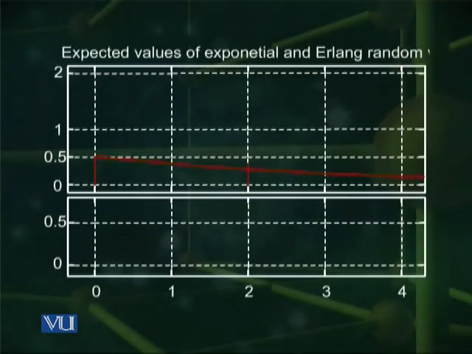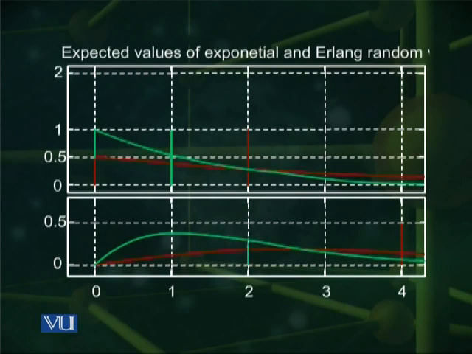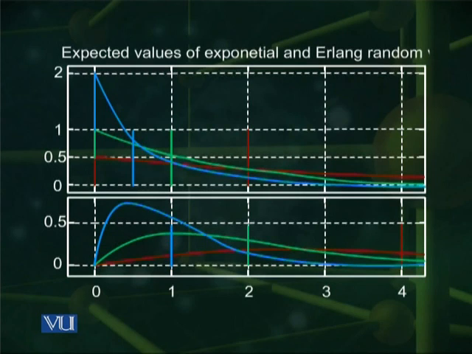This is shown in the slide that you can see, where 3 exponentially distributed random variables are shown on the top portion of the slide. These random variables are shown in red, green and blue, and they used lambda values of 0.5, 1 and 2.